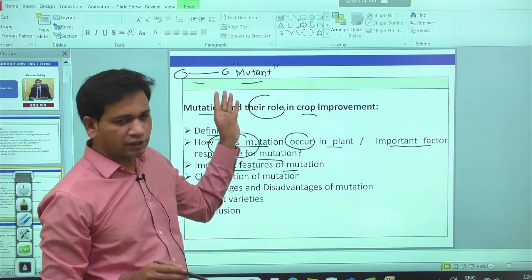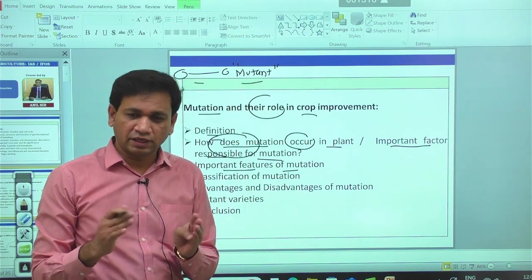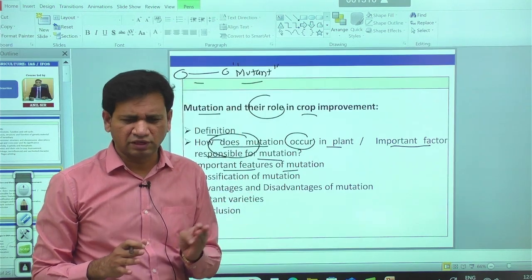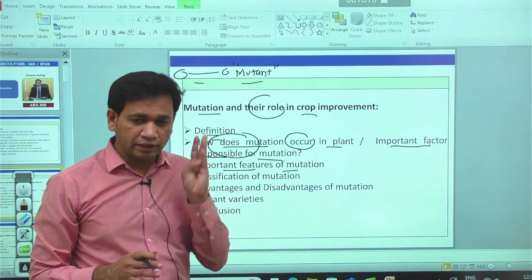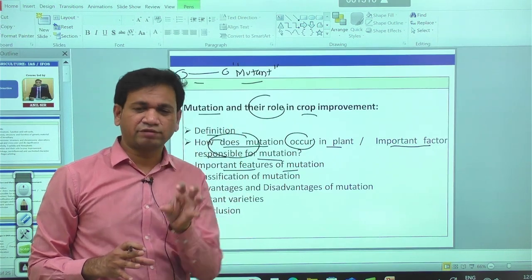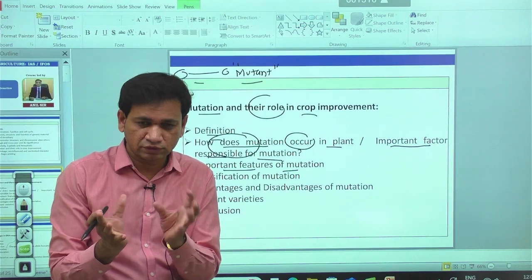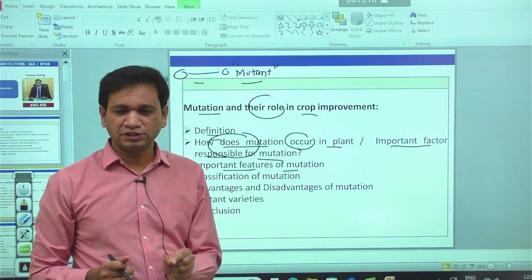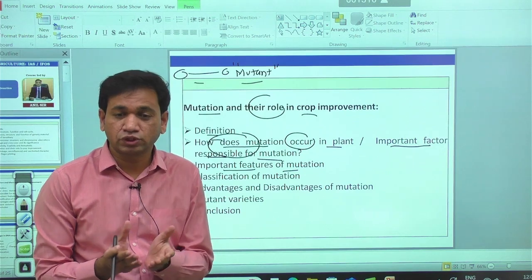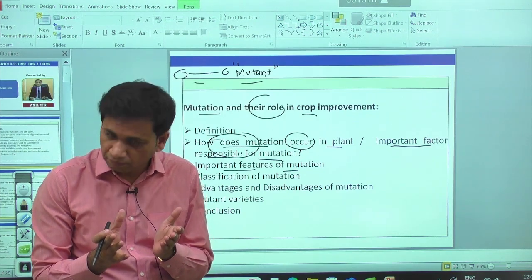And is it universal or non-universal? Universal. In all living species, mutation can be possible. And don't you think mutation is one of the factors in the evolution of new species? It is one of the ingredients highly responsible for the evolution of new characters in plant breeding. It is right.